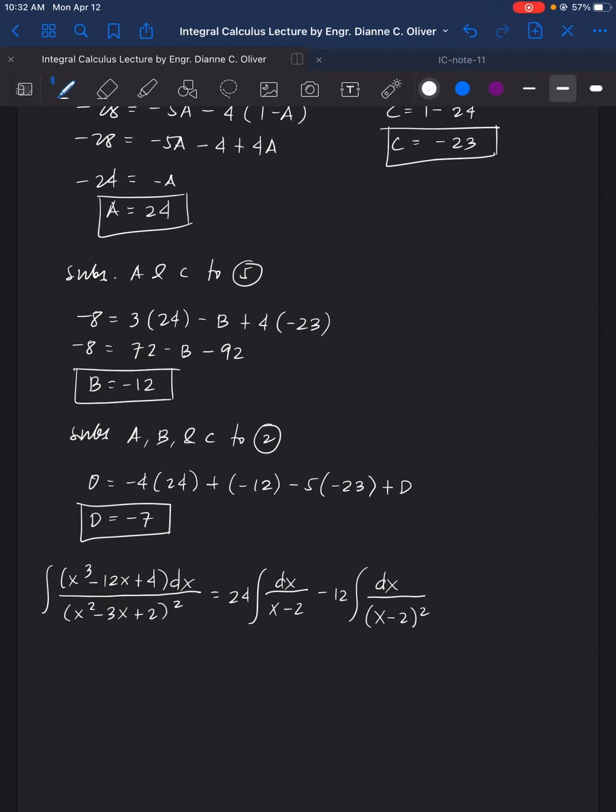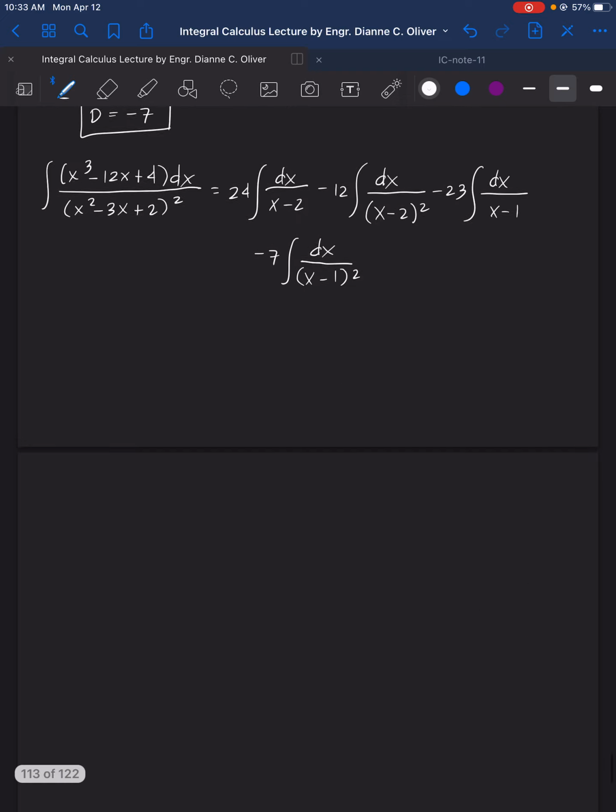The value for c is negative 23, dx over x minus 1. Then for d, negative 7, integral of dx over x minus 1 squared.